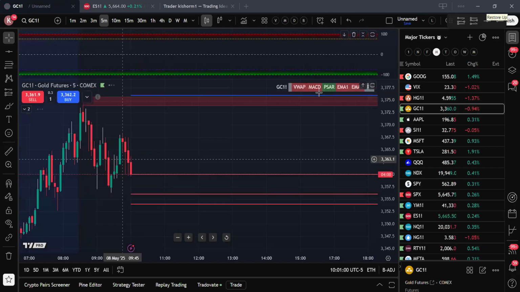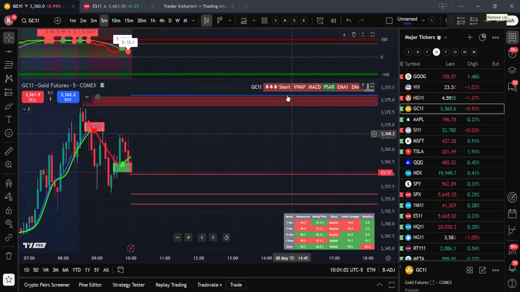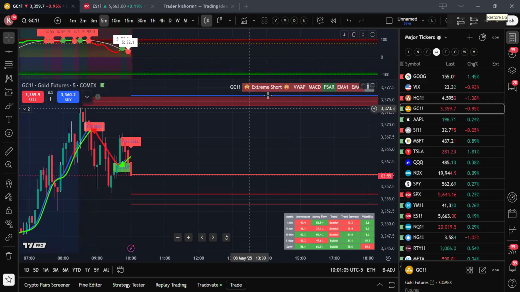Whereas for gold, it is telling it is a very good one for a short. Your VWAP, MACD, EMA, everything is looking red.